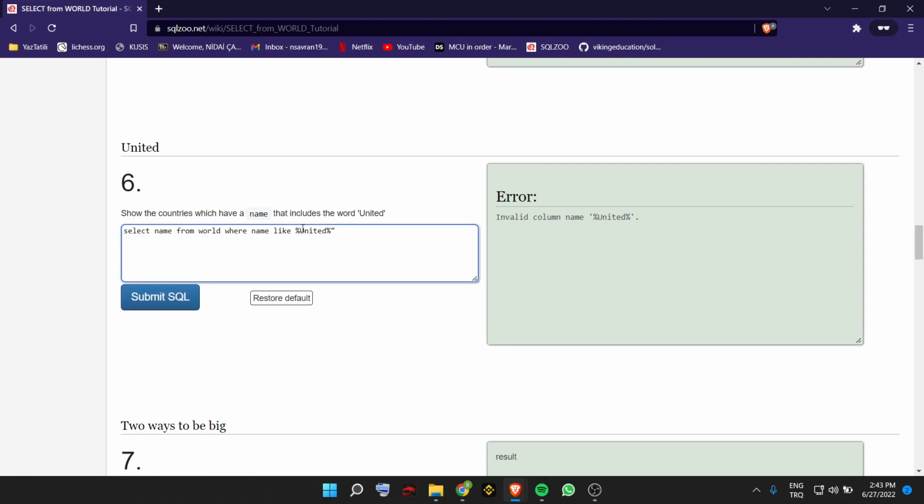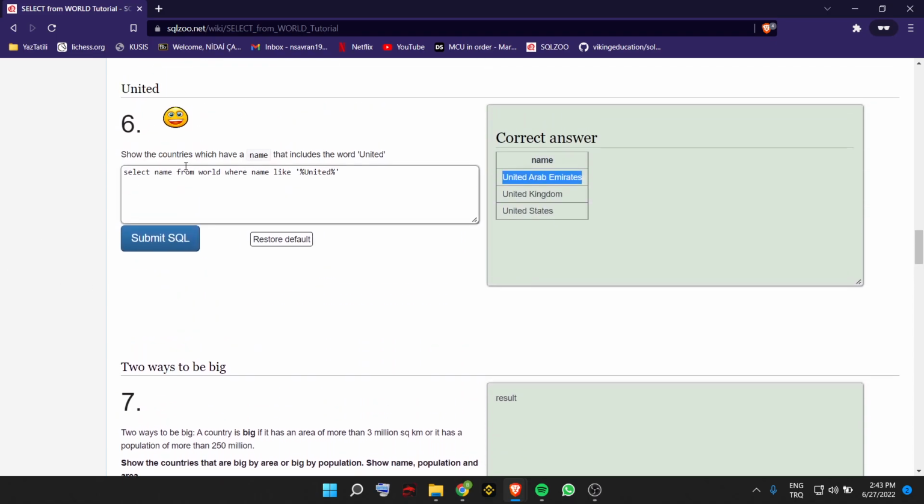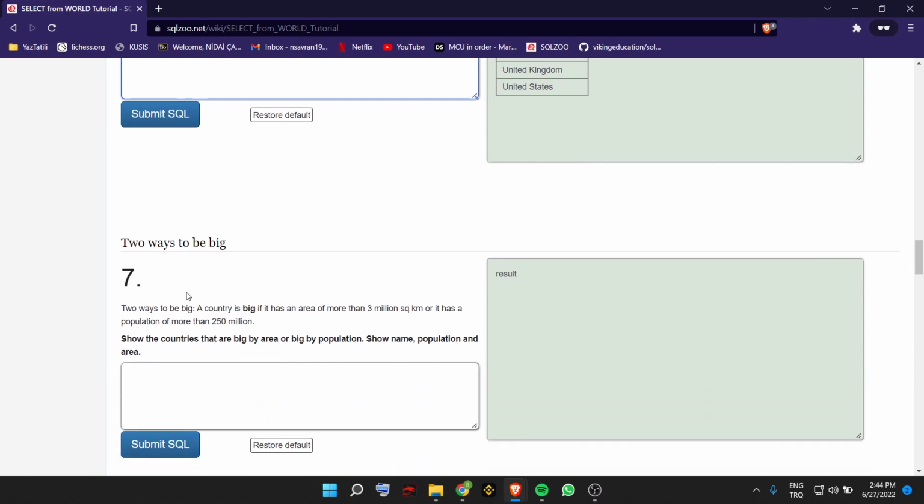Or I put double quotes, sorry. Let's try it again. Okay. And we have United Arab Emirates, United Kingdom, and United States. This sign doesn't mean there must be something before, but it can have something before; there isn't any must condition.